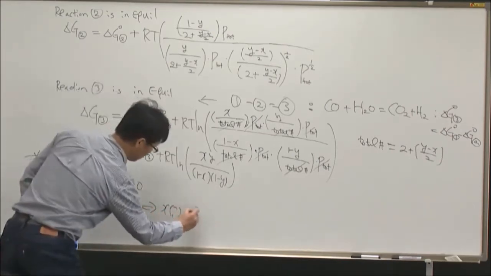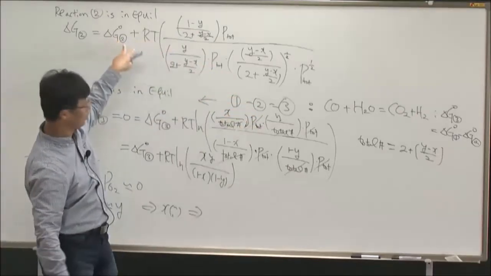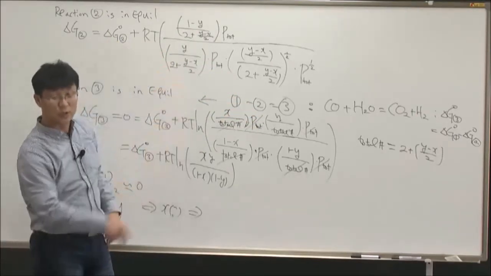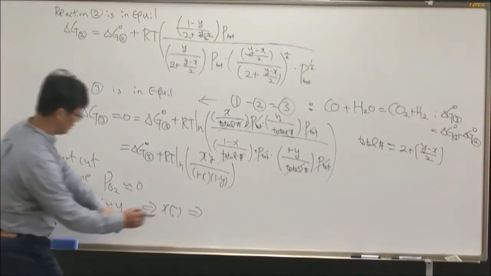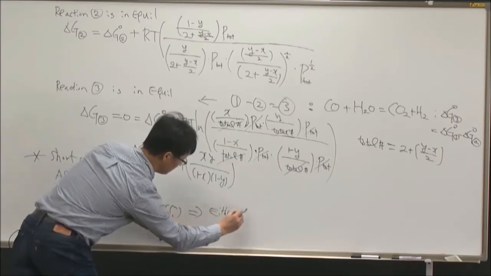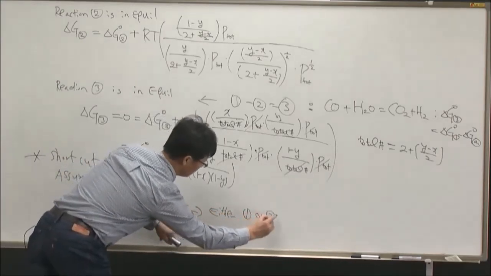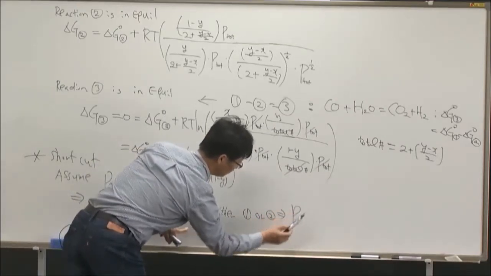Once you get it, you enter it again into either reaction 1 or reaction 2, and then you get the real oxygen partial pressure. Okay, and then with either 1 or 2, you take the partial pressure of O2 again.